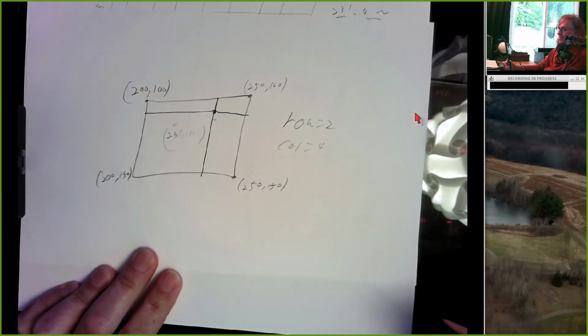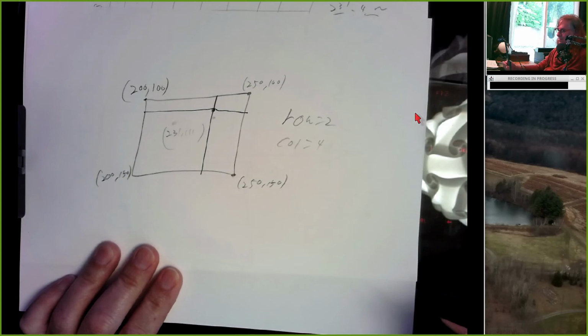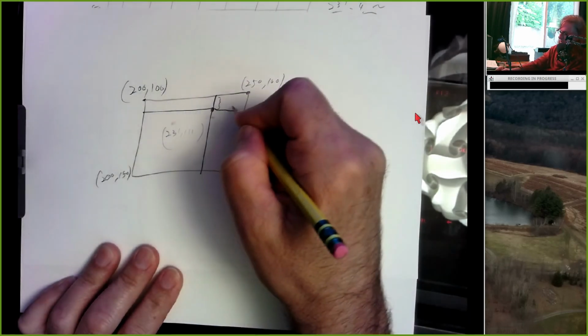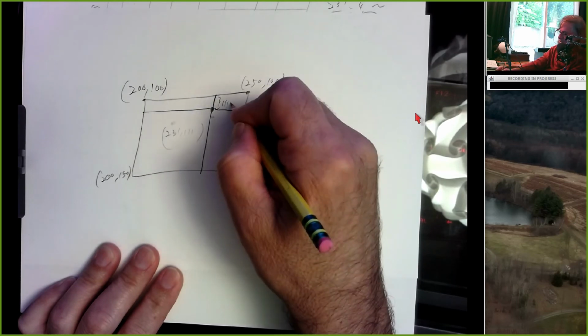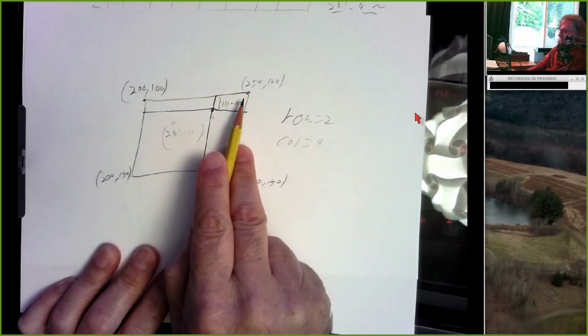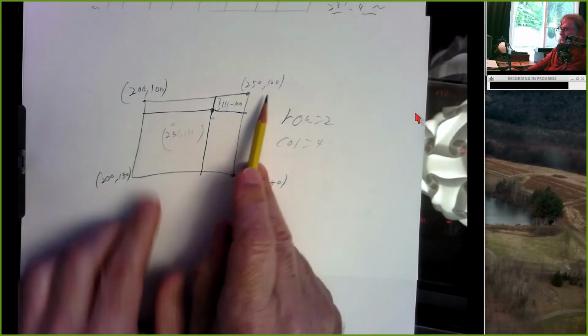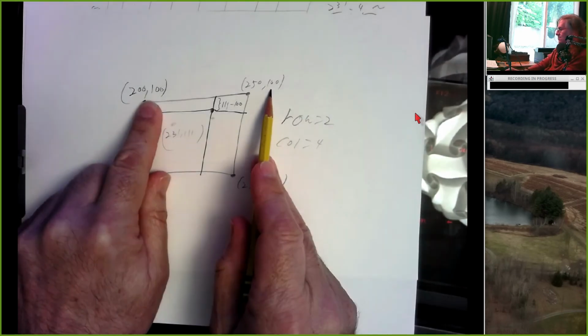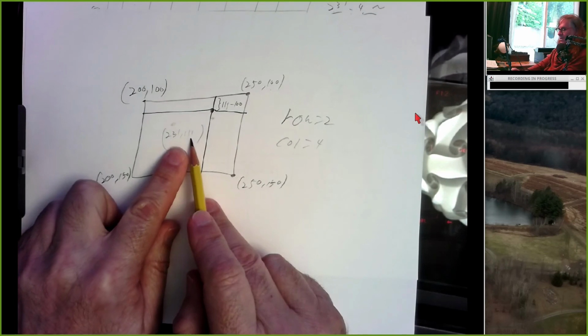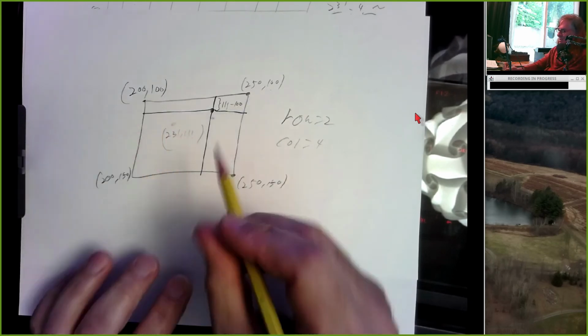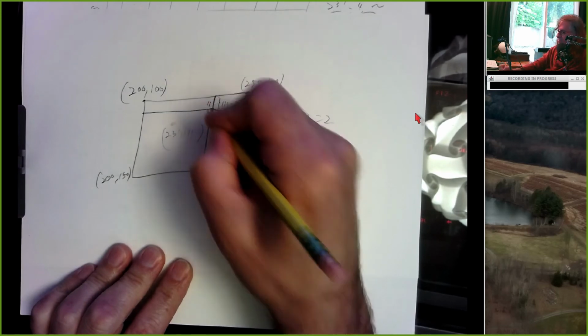And so on. Well, this is just the y-coordinate of the point minus the y-coordinate of this top line. Everything on this top edge has a y-coordinate of 100. So take the y-coordinate of your point, subtract the y-coordinate of the top. That gives you a distance of 11.